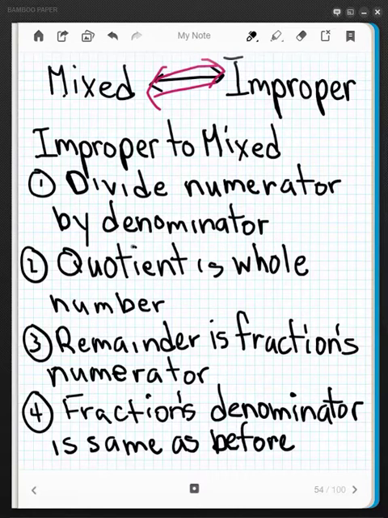The quotient, remember, means the answer to a division problem, and the quotient is the whole number. Then the remainder, what's left over because it won't go in evenly, is the fraction's numerator. And the fraction's denominator is the same as it was before.